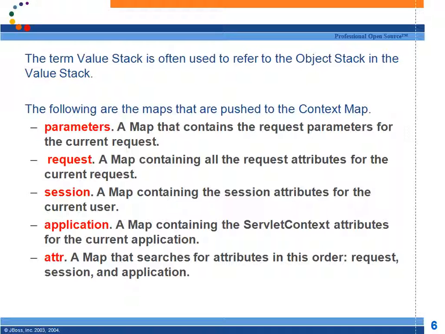Application, a map containing the servlet context attributes. Last, attr, a map that searches for attributes in this order: request, session. Suppose you don't know in which scope an attribute is present, you can use attr to search in this order.